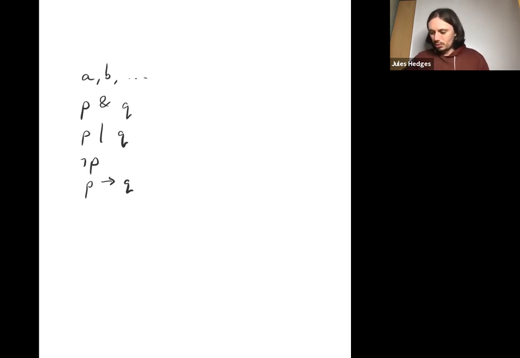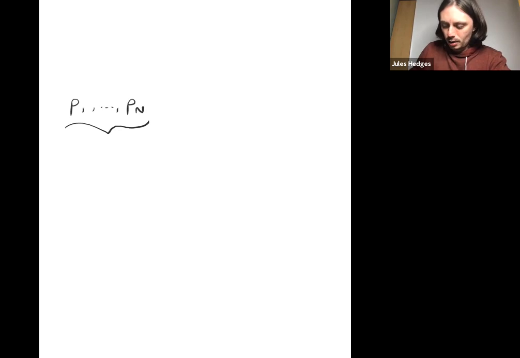We're going to collect all of that information together into a piece of syntax called a sequent. So a sequent is a piece of syntax that looks like a list of formulas, which are the hypotheses, like this. So these are the hypotheses, also called the assumptions.